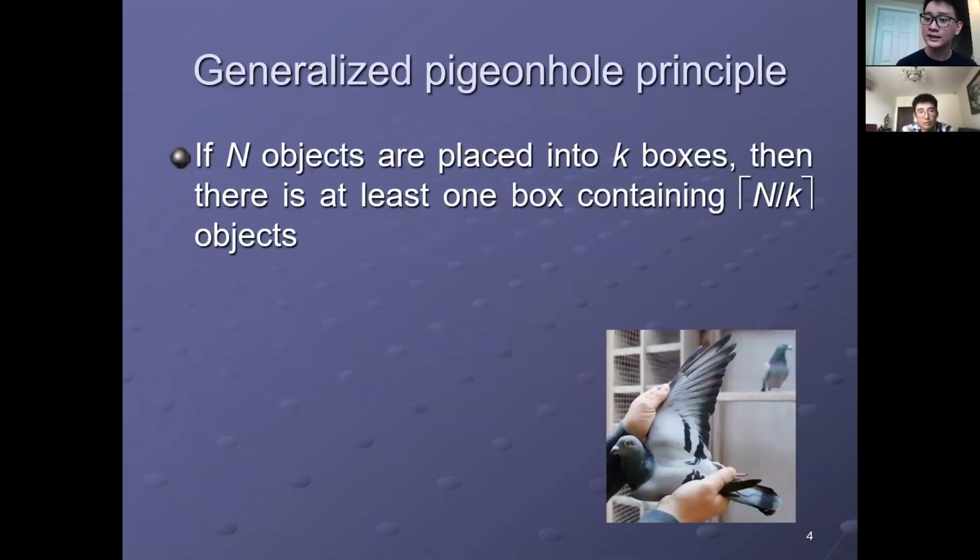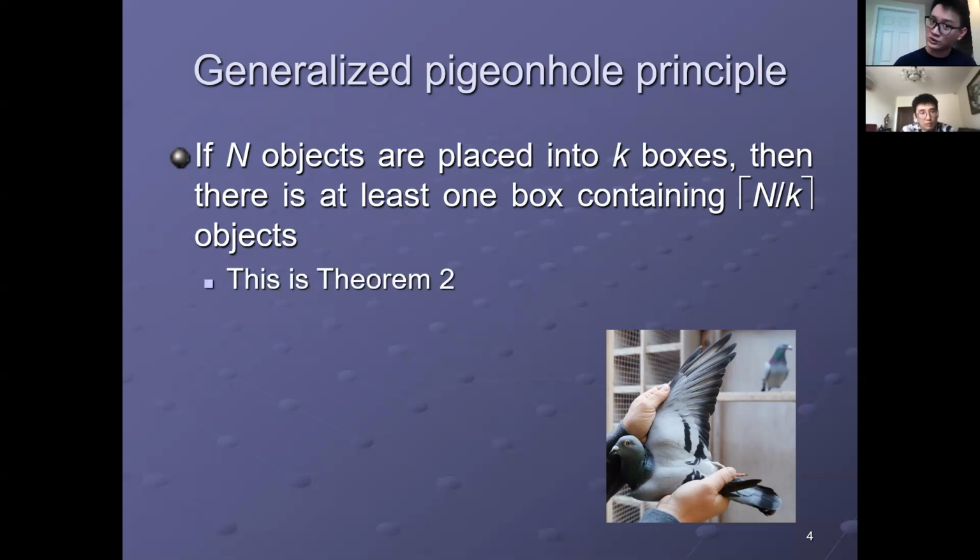So let's take it a step further and not limit ourselves to more than one. Say you have n objects placed into k boxes. Then at least one box will contain the ceiling of n divided by k objects.